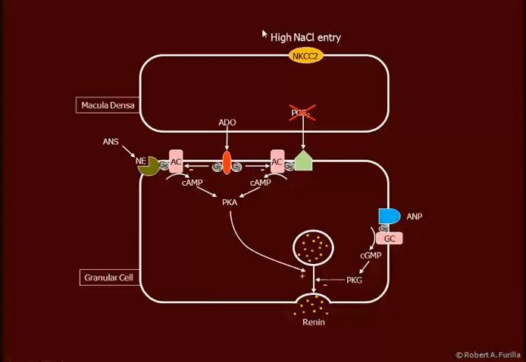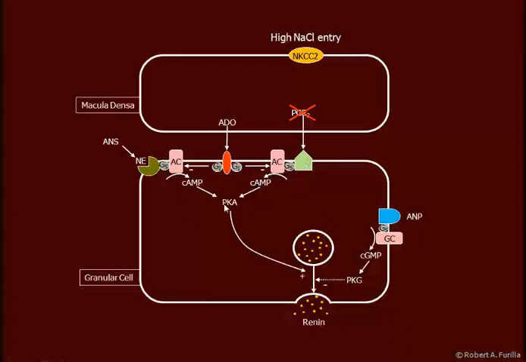Under high sodium chloride entry, the cell once again swells and releases adenosine. Adenosine in this instance triggers an inhibitory G protein, which then inhibits the production of cyclic AMP, and cyclic AMP is produced either through norepinephrine from the autonomic nervous system or from a prostaglandin-triggered cyclic AMP.